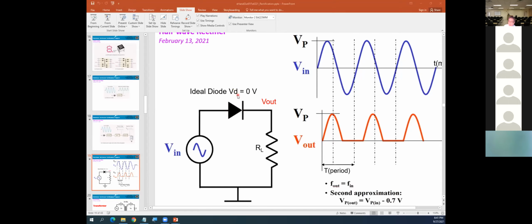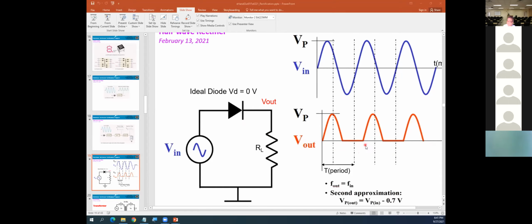That means you have no VD. VD equals 0. So that's why they start from 0 and go to VP. When you go into the negative cycle, the diode will be open. That's why you get 0 volts. Okay, and you keep going. The output will look like this.